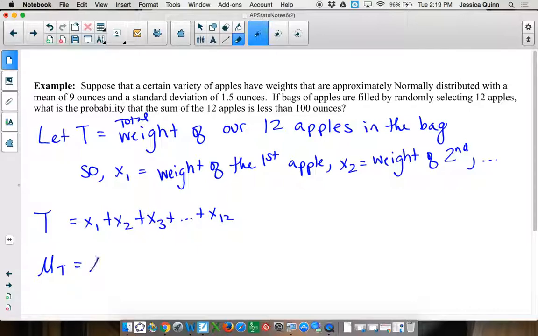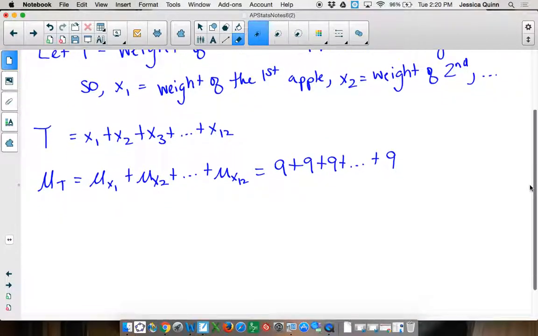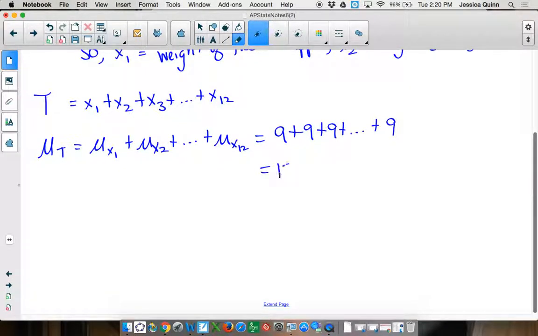I could do the average for X1 plus the average for X2 all the way up to the average for X12, which is 9 plus 9 plus 9 plus 9. How many 9s are there going to be? 12 nines. So 108.